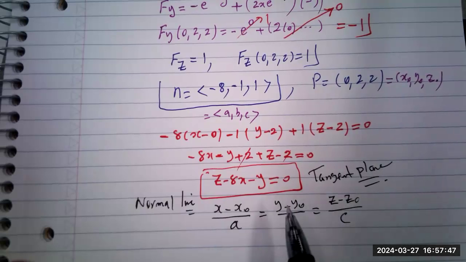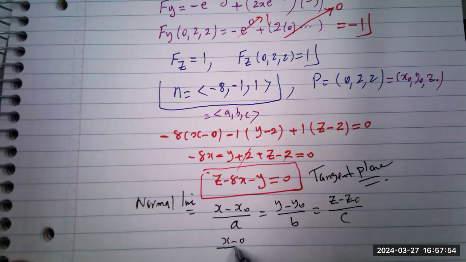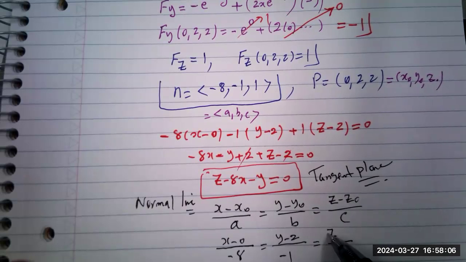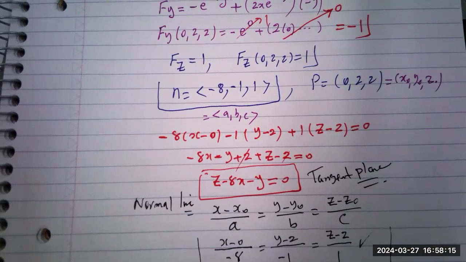And you already got all this information. Because your x0 is 0, x minus 0 over a, which is -8, is equal to y minus 2 over b, which is -1, equal to z minus 2 over f sub z, which is 1. So this is going to be the equation of the normal line.